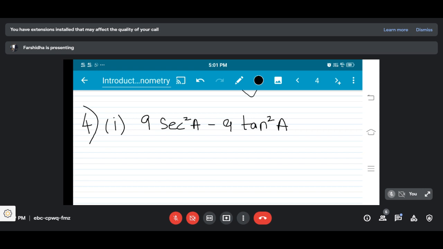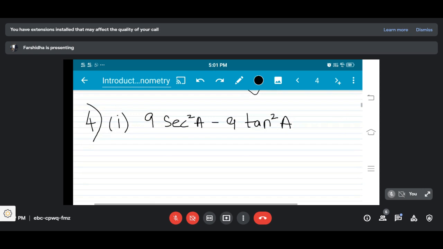Since 9 is not the angle, 9 comes before the ratios, we can take 9 outside.